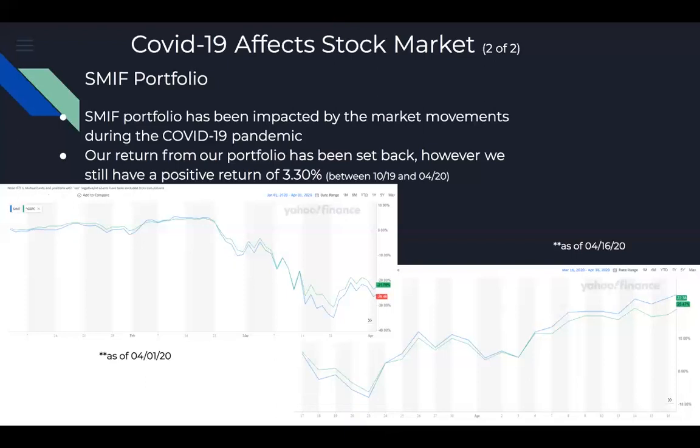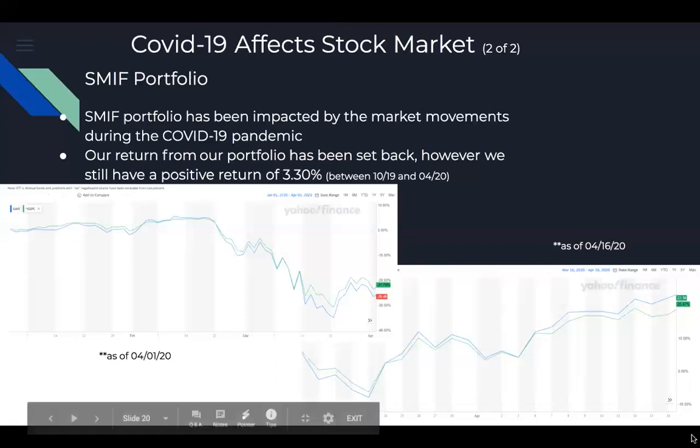Major news outlets like Barron's, Wall Street Journal, and CNBC have said pharma companies have a bullish outlook on the market as they're working to develop a vaccination for the COVID-19 crisis, and that has caused some market upticks. Given that our portfolio has a big percentage in the healthcare industry, that has been favorable to our portfolio. And we can see that our portfolio is still performing a little bit over the S&P 500 index.